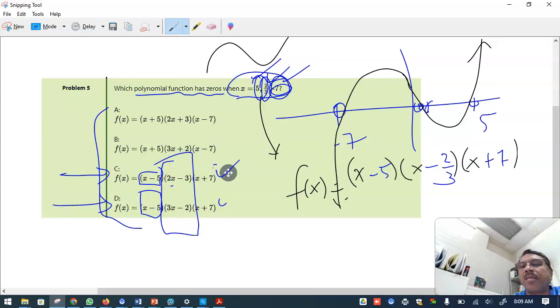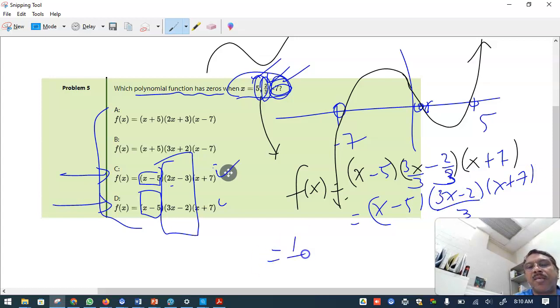You can see there's a 3 here. This 3 means you multiply 3 with the factor, so you get x minus 5, and this becomes 3x minus 2, and there is x plus 7. But then this is divided by 3. That can be written as 1/3 times x minus 5, 3x minus 2, and x plus 7.